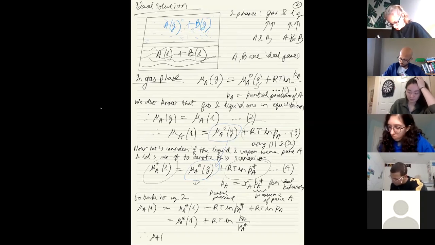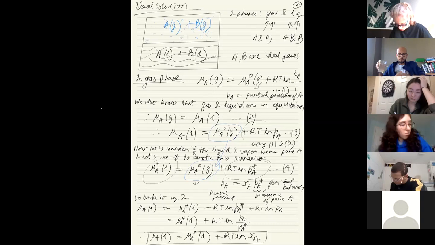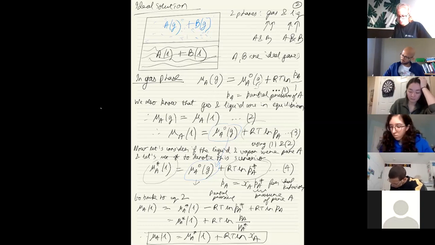Therefore, mu A liquid is equal to mu A star liquid plus RT ln XA. This is chemical potential in an ideal solution.